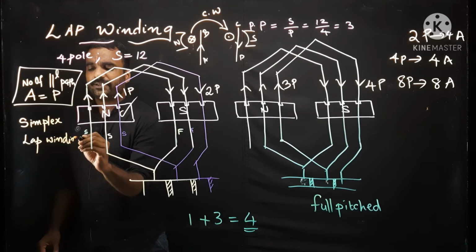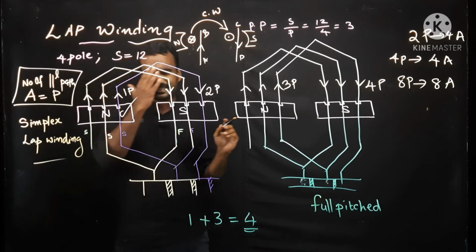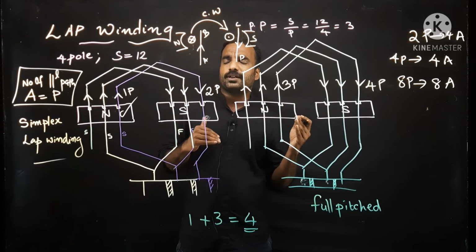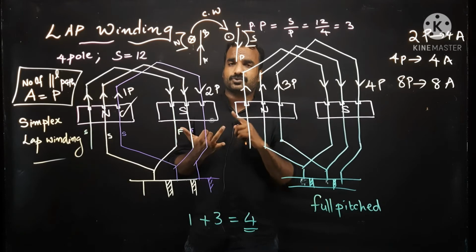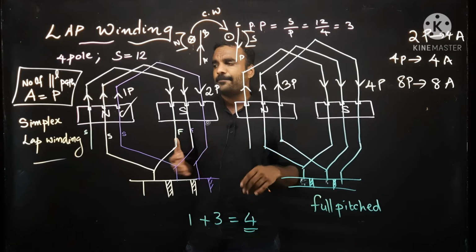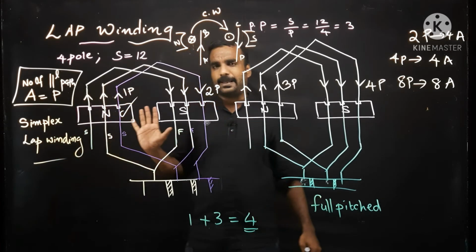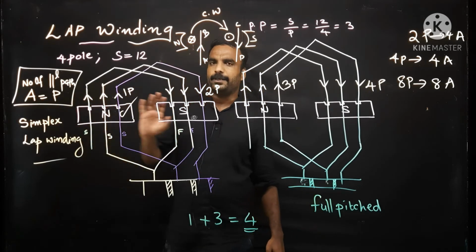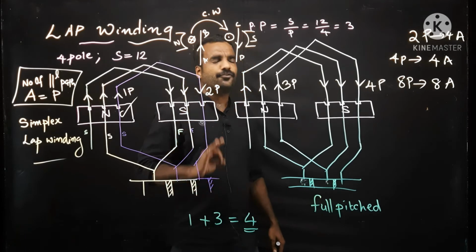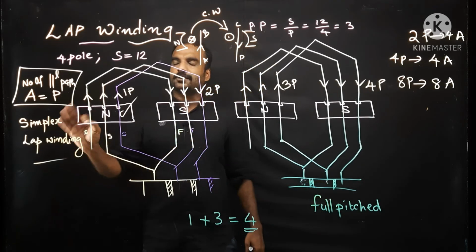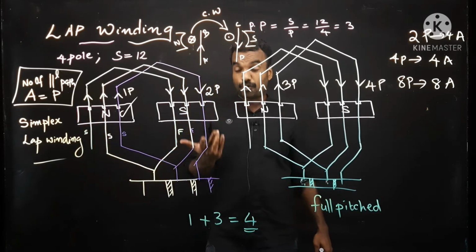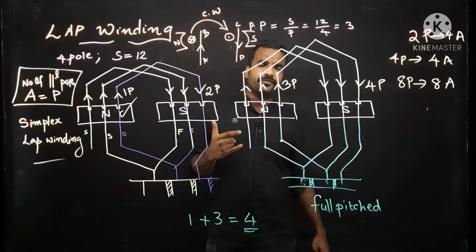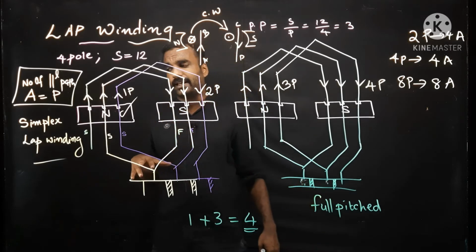If a lap winding is simply said as just lap winding, and they are not specifying simplex or duplex, triplex, etc., then you have to take that as simplex lap winding. In that case, number of parallel paths is equal to P. Or generally for lap winding, number of parallel paths is equal to number of poles. There is another complication, duplex lap winding, that also we will deal with while we are drawing the entire winding diagram.